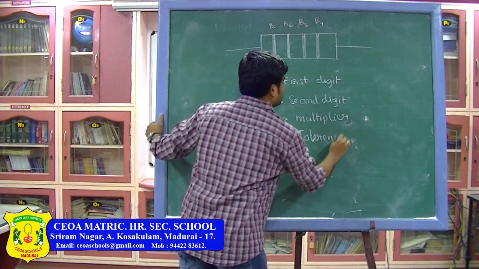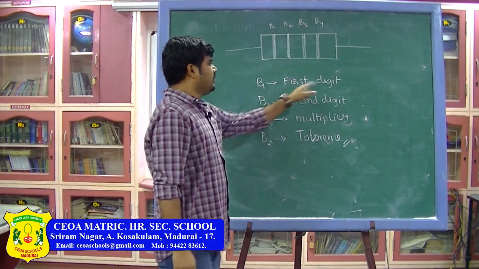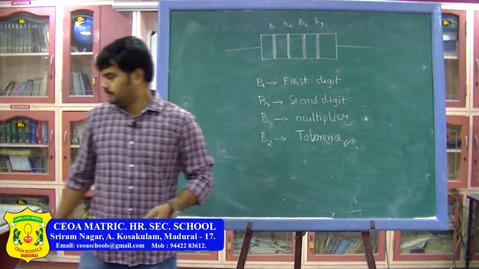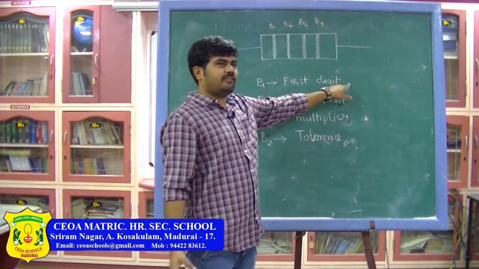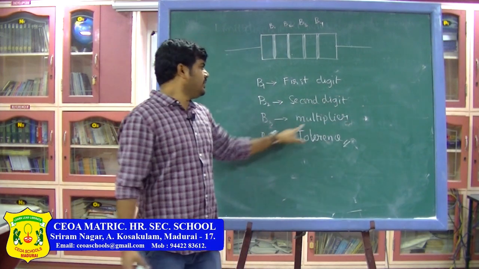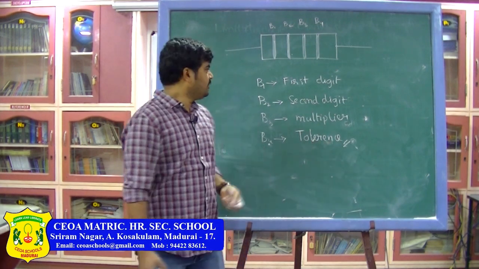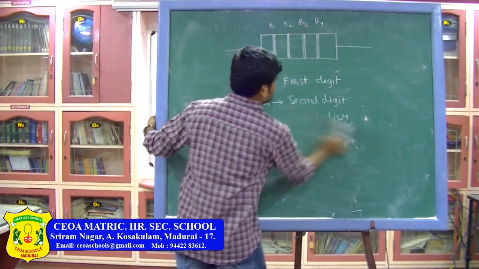Band 4 indicates the tolerance of the resistance. Now let us see how to calculate the value using color codes. So make a note of it. Band 1 indicates the first digit value, band 2 the second digit, band 3 indicates the multiplier, and band 4 indicates tolerance. Now let me explain how to calculate the resistance using color codes.